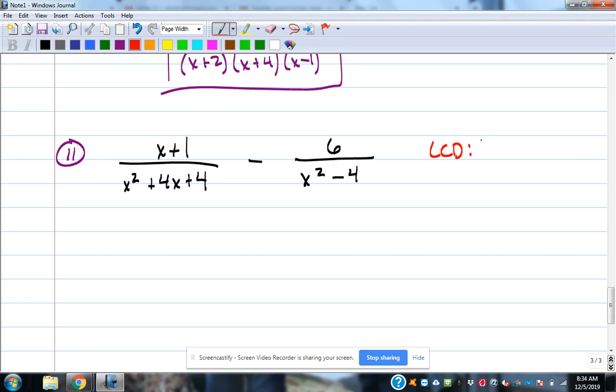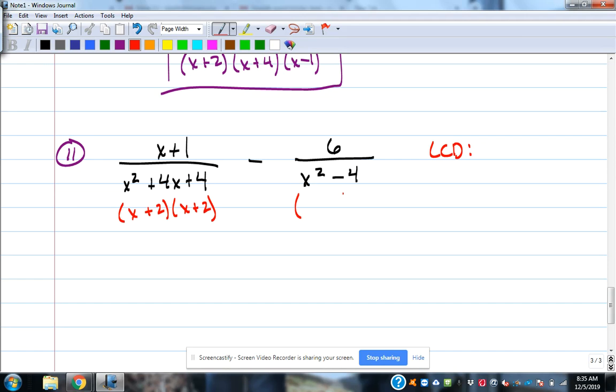So denominators are definitely not the same, so I'm going to try to factor those if I can. So x squared plus 4x plus 4, on the first fraction? Yeah. x plus 2 twice, right? Do the X method on that.